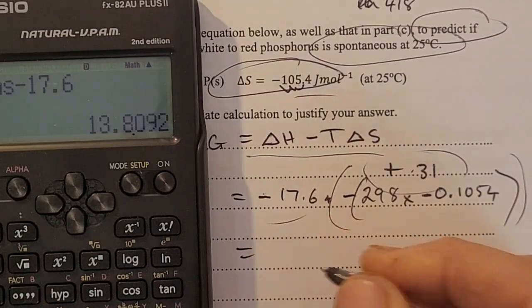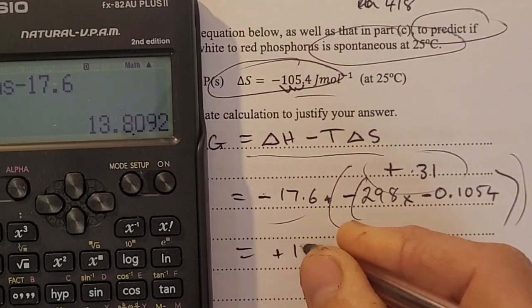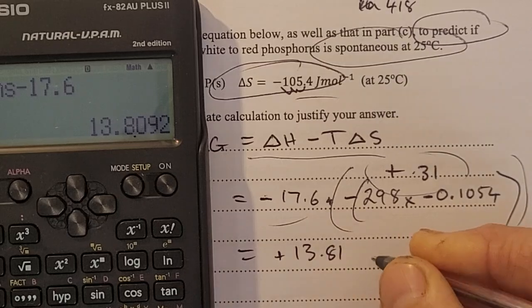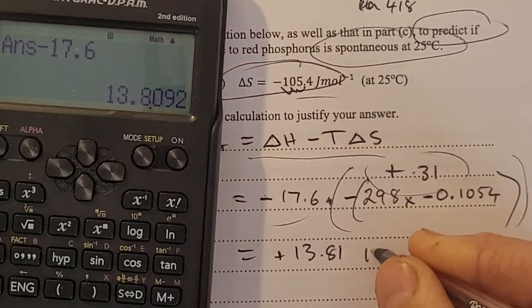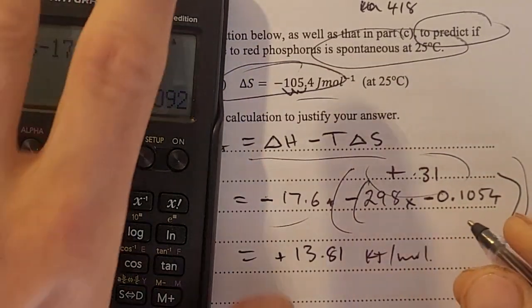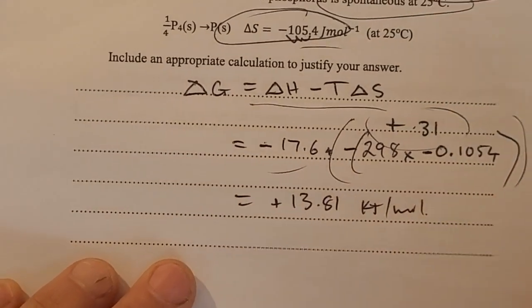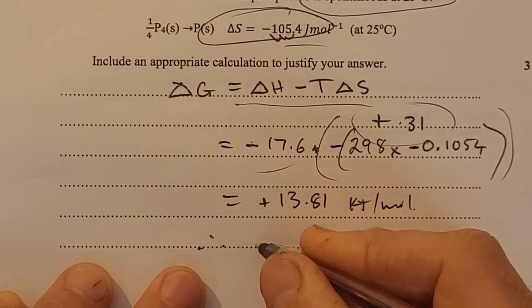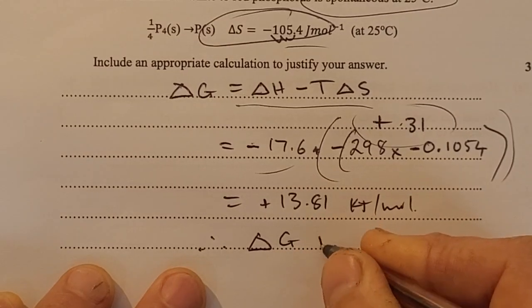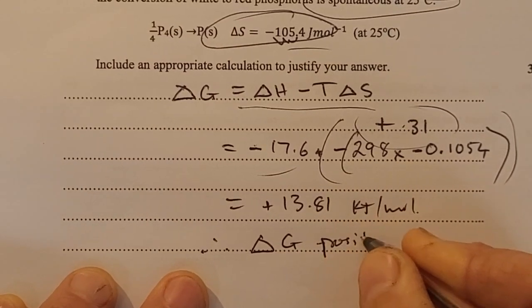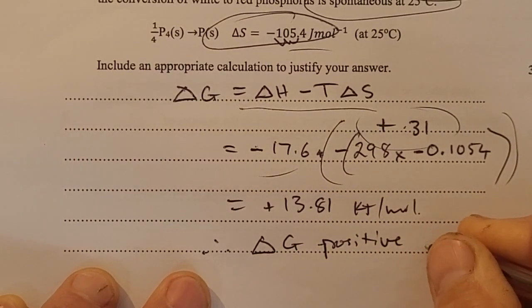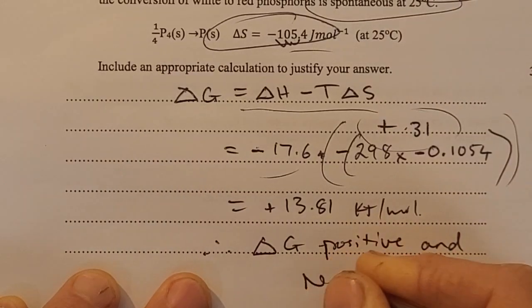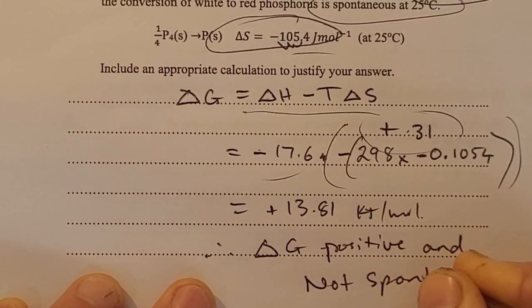So our value is plus 13.81 kilojoules per mole. If Gibbs is positive, therefore delta G is positive and not spontaneous.